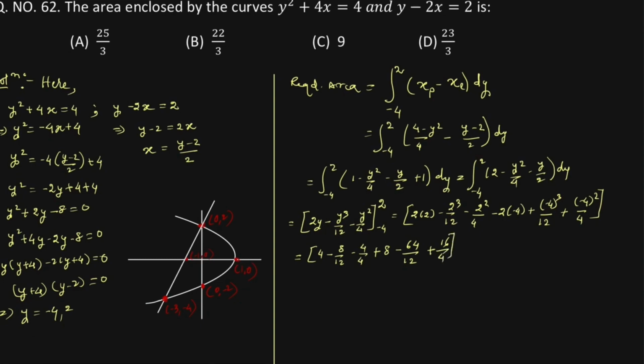Now we cancel some terms: 4 2 times 8, 4 3 times 12, 4 1 times 4, 4 4 times 16, 4 16 times 64. Then which is equal to 4 minus 2 by 3 minus 1 plus 8 minus 16 by 3 plus 4.